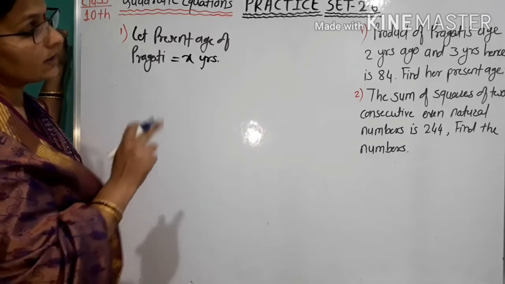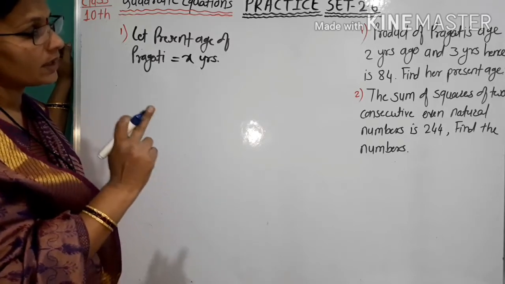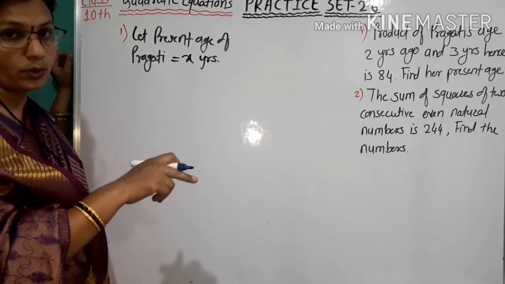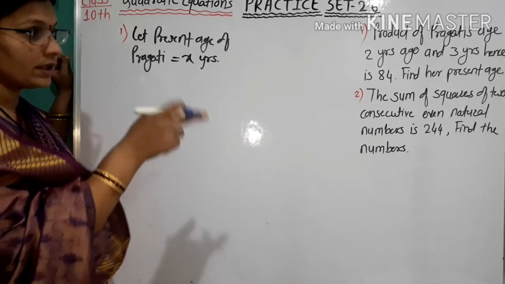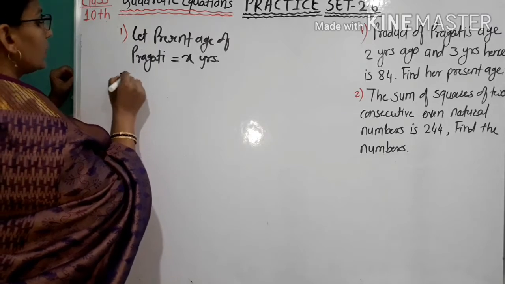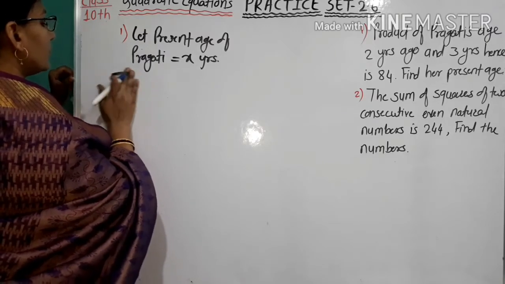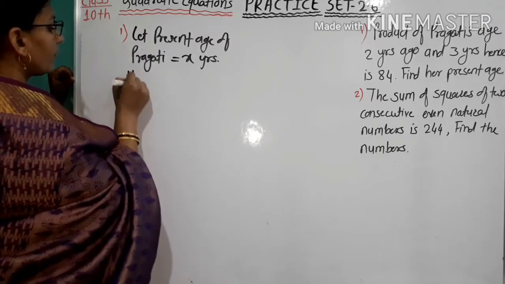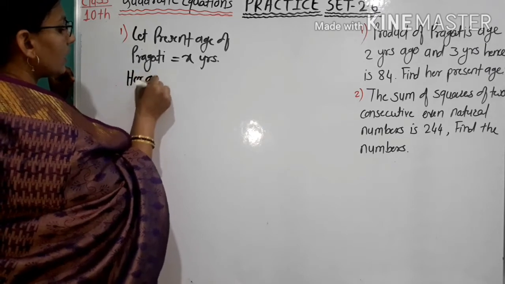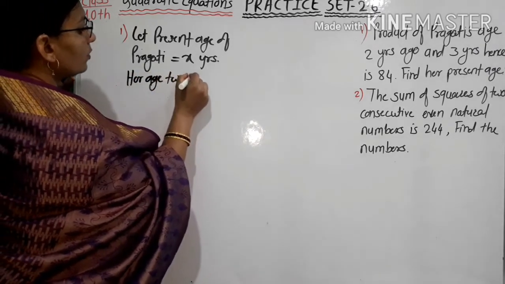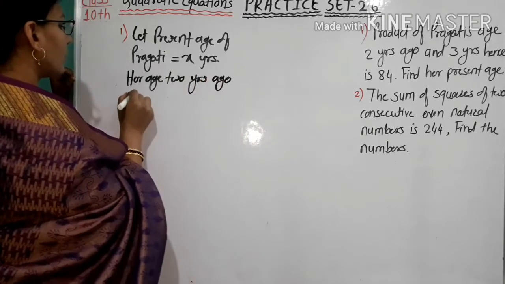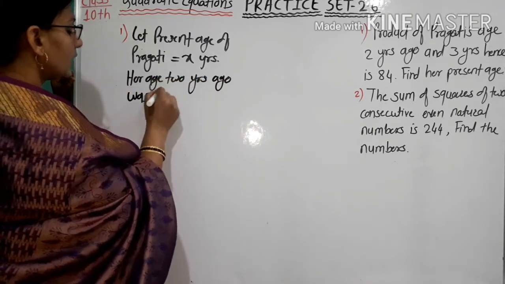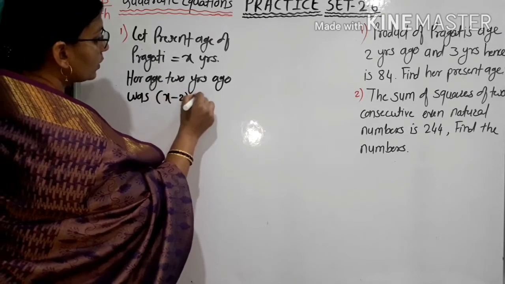Then see the product of Pragati's age 2 years ago. First of all, we have to find Pragati's age 2 years ago. Therefore, her age 2 years ago was x minus 2 years.